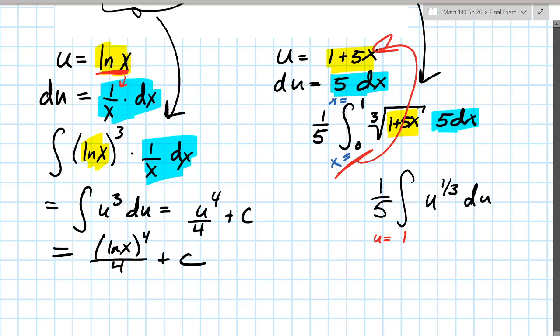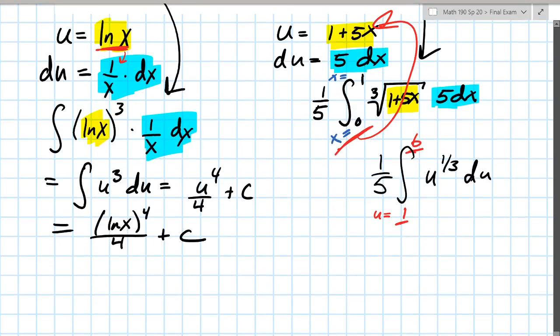Then when I let x equal 1, 1 plus 5 times 1 is 6. So my new limits of integration are now 1 and 6, and those are in terms of u instead of in terms of x. This allows us to take the antiderivative and evaluate using the fundamental theorem of calculus part 2 without having to go back to x's. So it saves us 1 or 2 steps of back substitution.